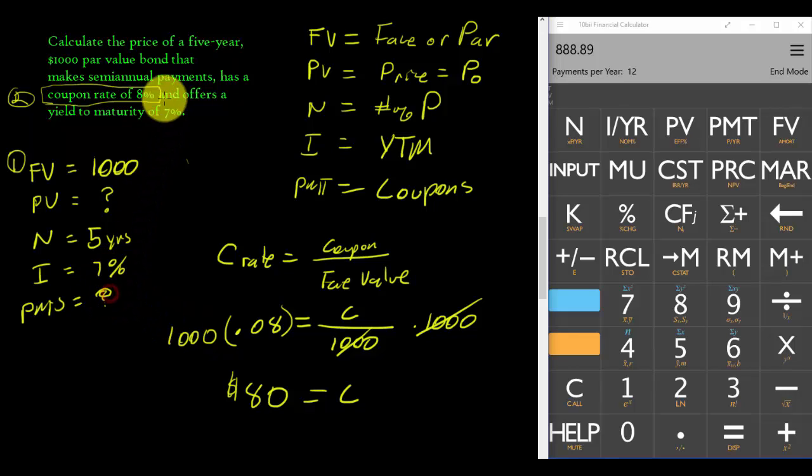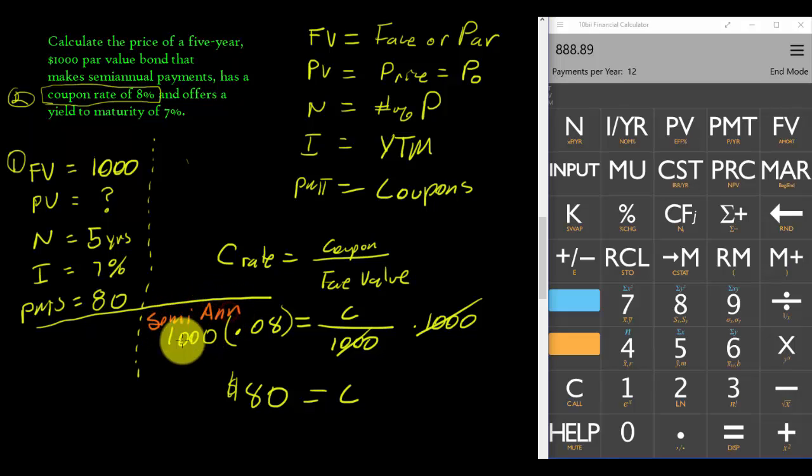So here is my payment. This becomes $80. But I have to calculate all of this on a semi-annual basis. If I do this semi-annually, that means I'm doing this 2 times per year, so I've got to make some modifications to my calculations.